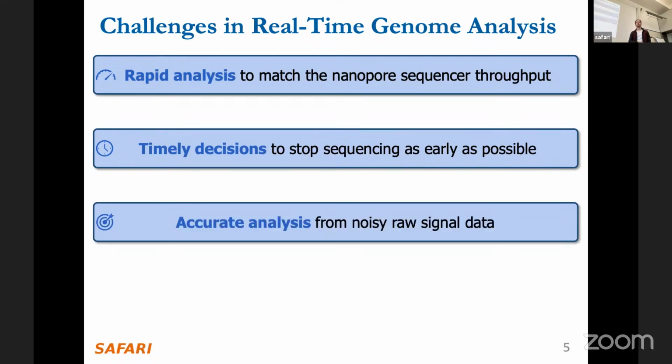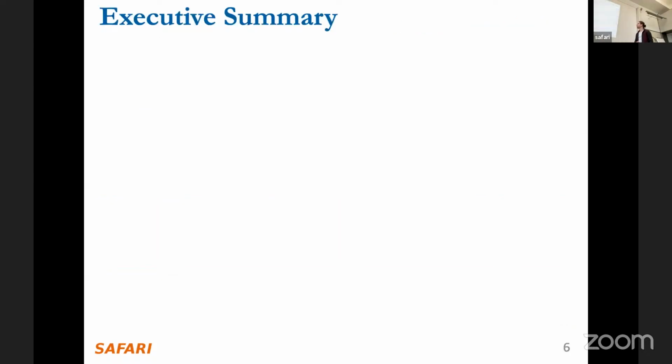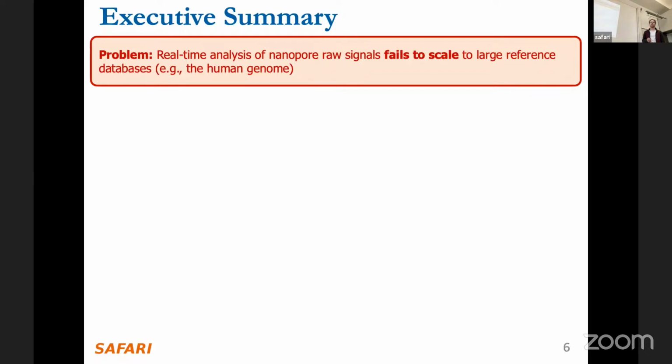Both of them are connected, but also separate metrics to evaluate. Accuracy is of course super important, and then power efficiency. Well, it's a challenge, but it's not something we specifically evaluate here. It comes with performance.